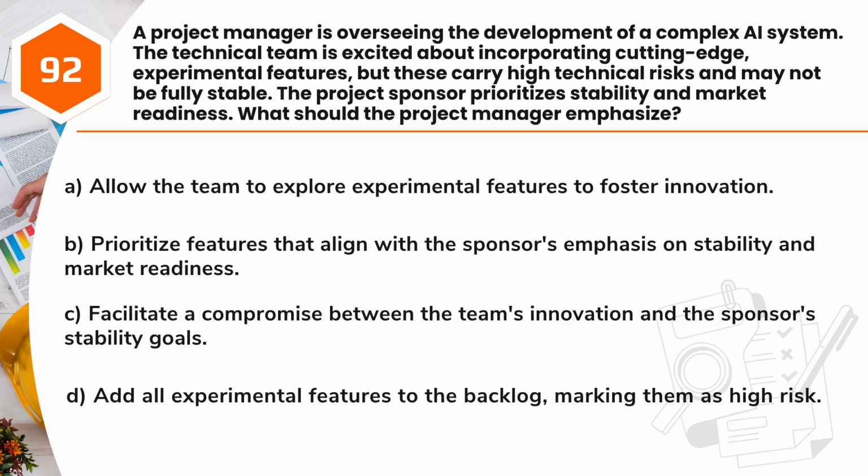A. Allow the team to explore experimental features to foster innovation. B. Prioritize features that align with the sponsor's emphasis on stability and market readiness. C. Facilitate a compromise between the team's innovation and the sponsor's stability goals. D. Add all experimental features to the backlog, marking them as high risk.